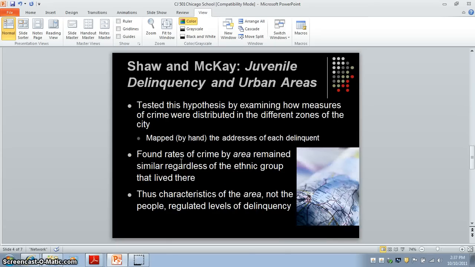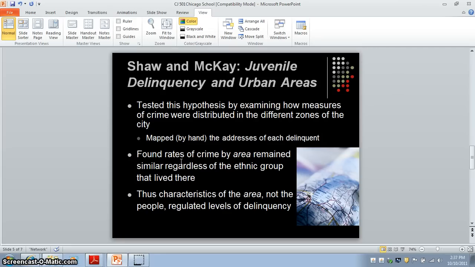Shaw and McKay tested their hypothesis by examining how measures of crime were distributed in the different zones of the city. And they used crime mapping, which is something that has become very popular in the last 10 years within the discipline of criminology. Of course, it is important to point out that these scholars did not have the advantages of computers, which researchers have today.